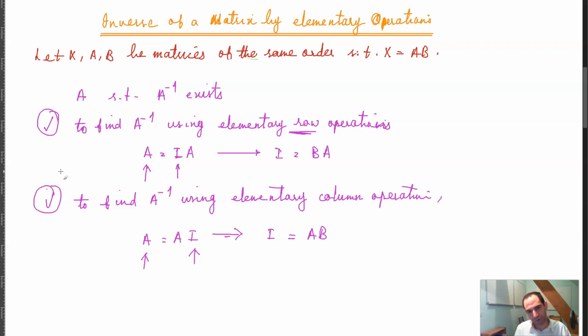If it's easier for you to do column operations, you will do column operations. Sometimes it's actually not really possible to do row operations. You have to do the column operations. Sometimes it's not possible to do column operations. You have to do row operations. And sometimes it would be very tedious to do either of them.